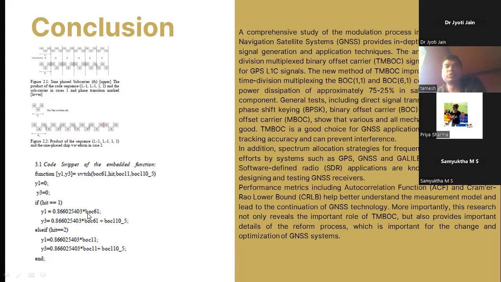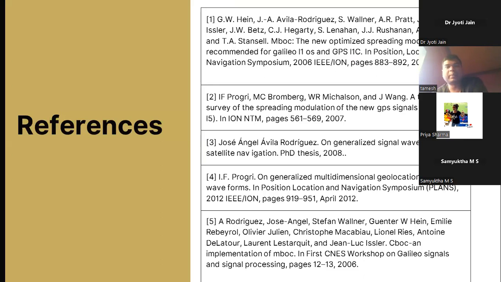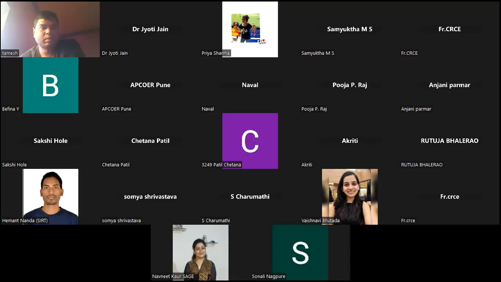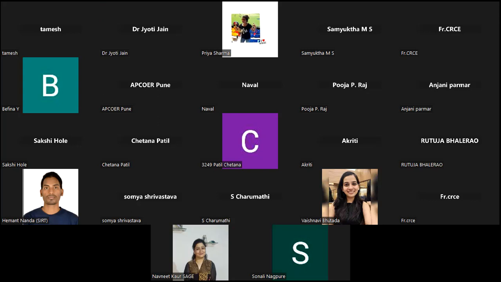The multiplexing means the switching thing; the switching operator has been changed by multiplying this. So these are a few references, and I am open for questions here. Thank you.